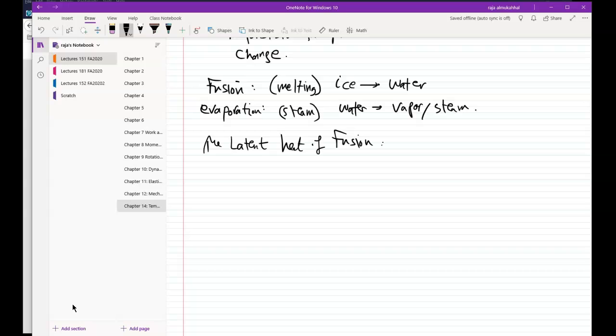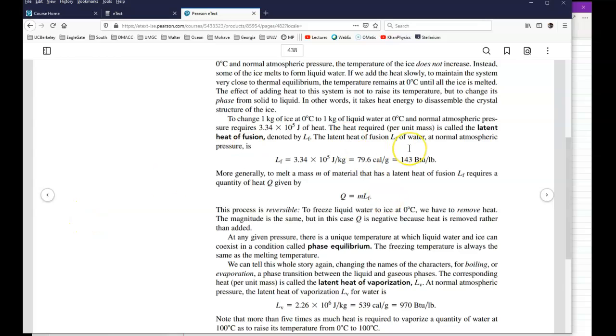The latent heat of fusion is basically Q, which is the energy given or energy taken, is equal to Q equals M, the mass, times L sub F. Now, what is L sub F? L sub F is a coefficient that you can actually look up in the book or in a table, and it is shown on page 39. Let me just show it to you very quickly.